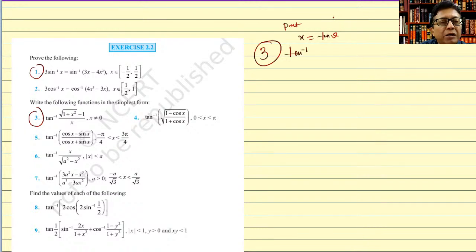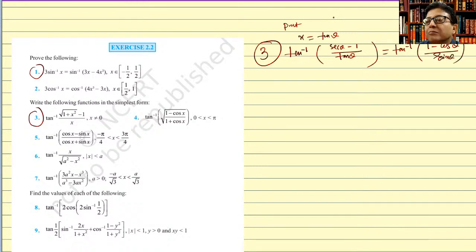So tan inverse, this thing is going to be root 1 plus tan square theta, root over sec square theta, sec theta minus 1 by tan theta. Expressed in sines and cosines, 1 minus cos by sine.